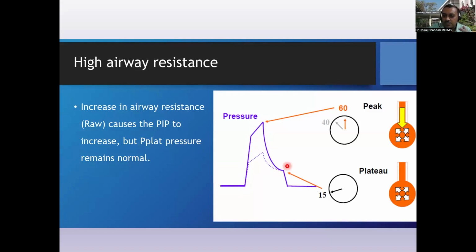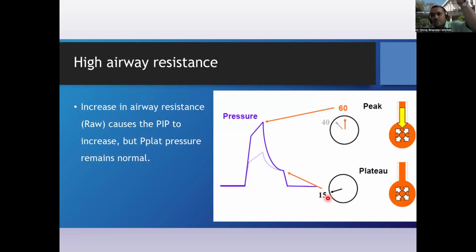And when you check, your plateau pressure remains more or less the same in this patient. So what you will understand is that your peak pressure has gone up, but your plateau pressure remained the same. Probably the problem most likely is not at the alveolar level, but somewhere in your conducting pathways. Now when I say conducting pathways, it is not necessarily only a bronchospasm.